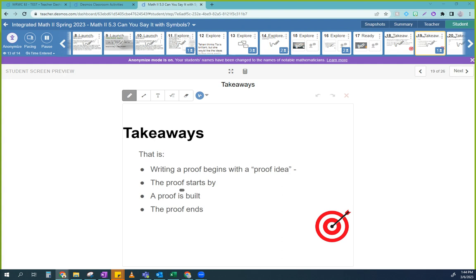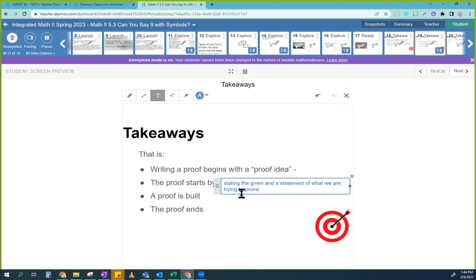Every proof starts by stating what we know. Remember, we said it starts with the given. So here, write given. Starts by stating the given, and a statement of what we are trying to prove, right?